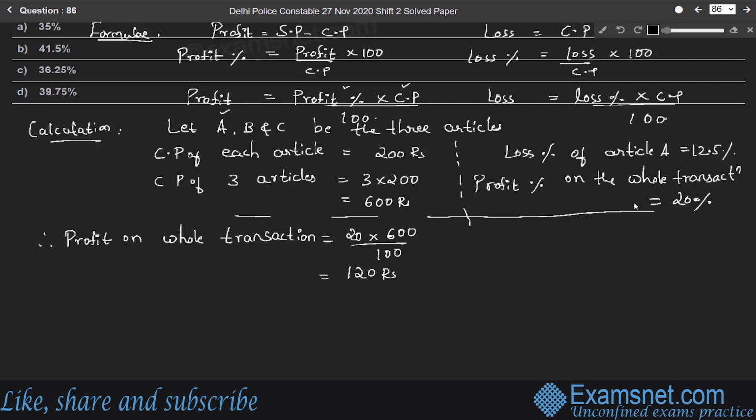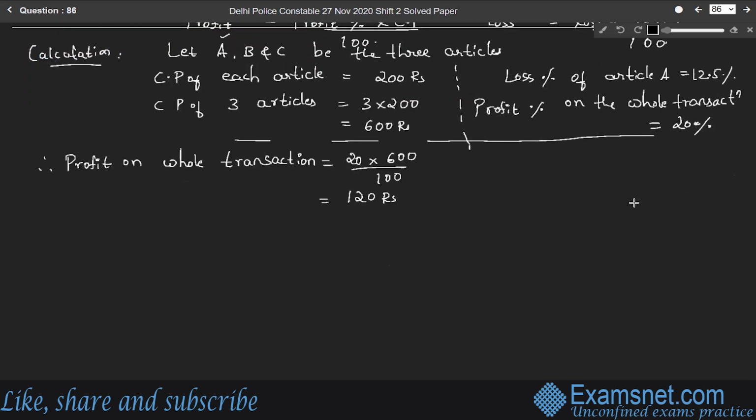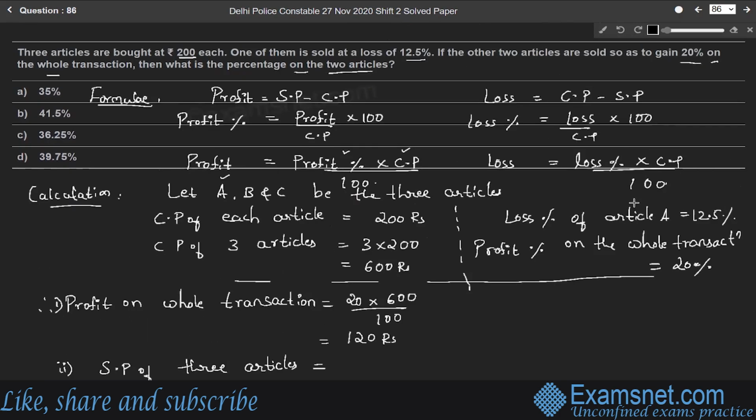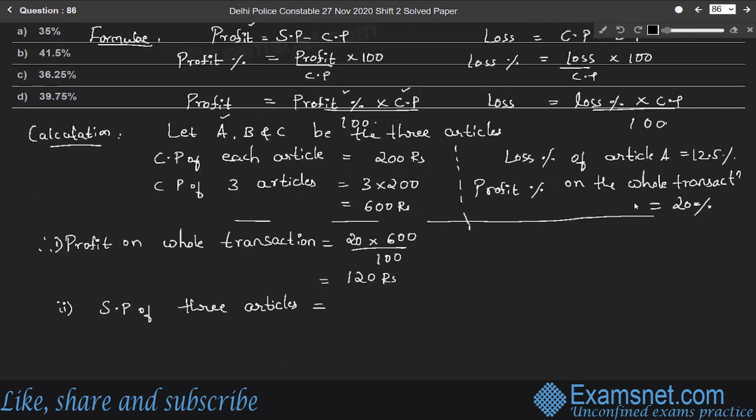Now, the next part is the selling price of 3 articles. From the formula, if profit is given and cost price is given, selling price becomes profit plus cost price.